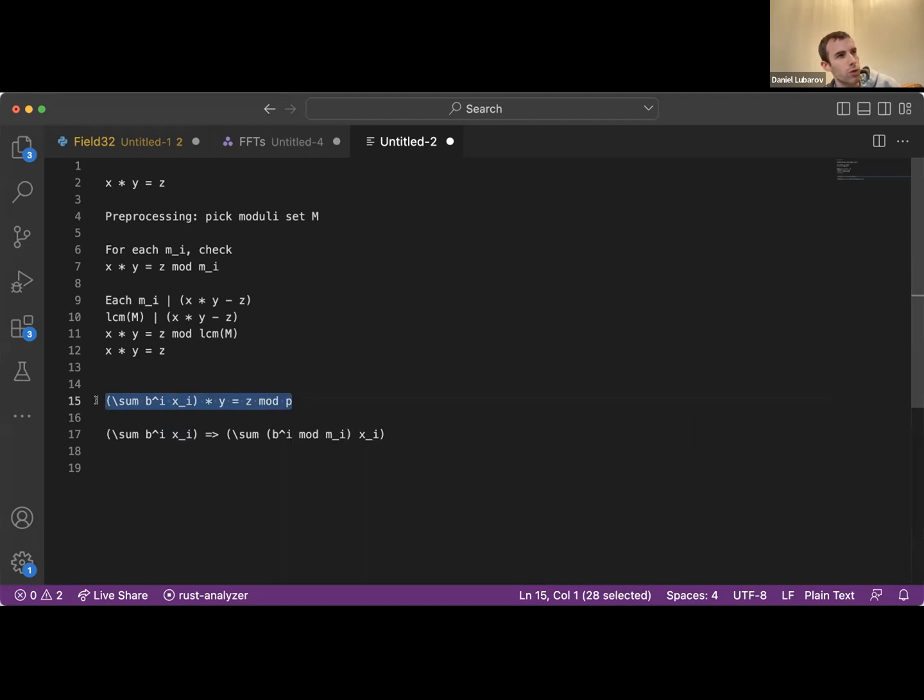Another trick: here I was using the example of a widening multiplication where Z could actually be 512 bits. But in practice, we're usually doing arithmetic mod 2 to the 256, or maybe mod the zkP base field order.